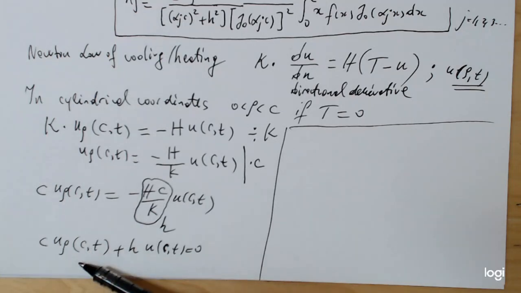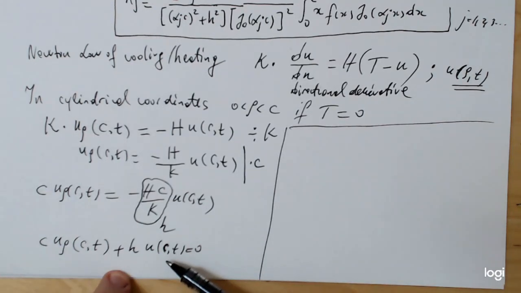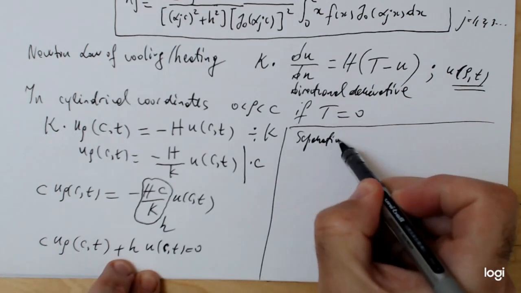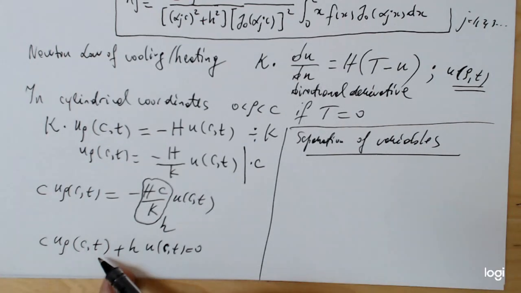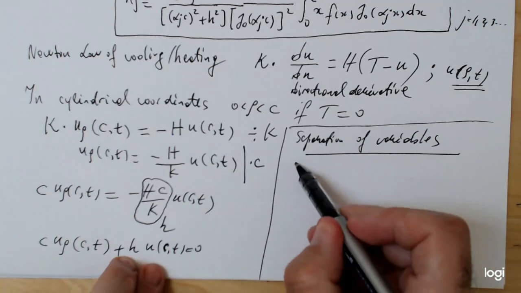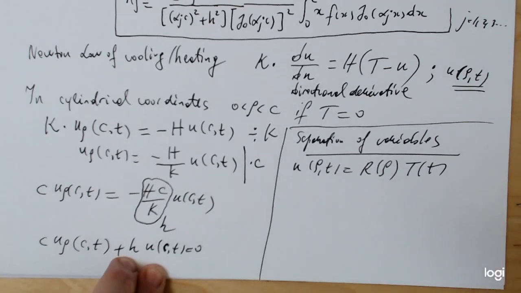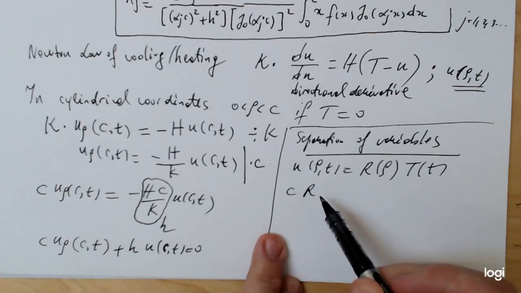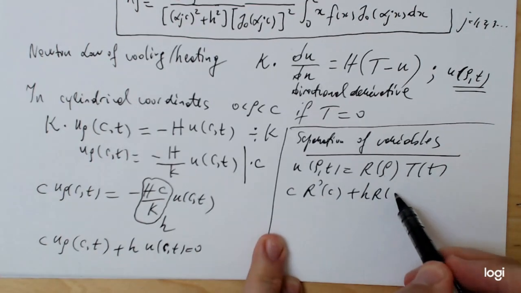Okay, what does this have to do with the Bessel functions? Well, as you will see in the example that I'm going to solve leading to this type of boundary condition, if you were to proceed with separation of variables, then when you plug in the separated form for u, remember u of rho, t will be some function of rho times some function of t, you're going to end up with the following condition on R: C R prime of C plus h R of C equals 0.